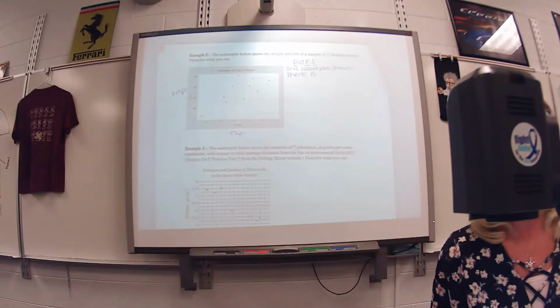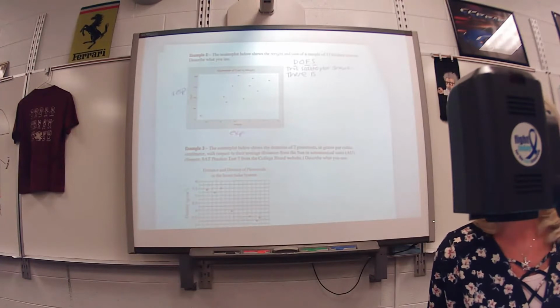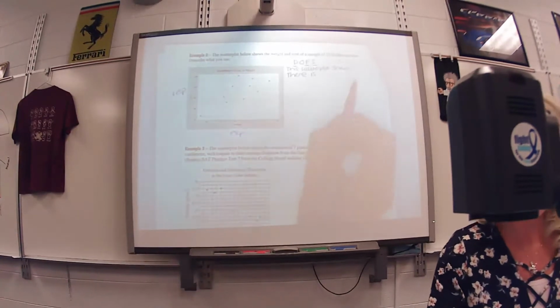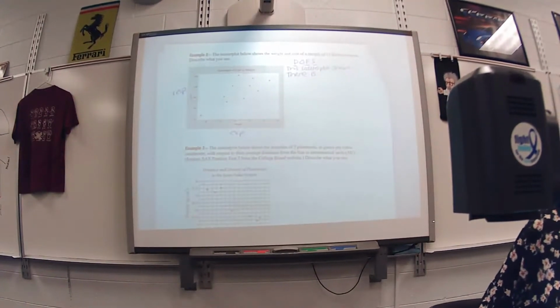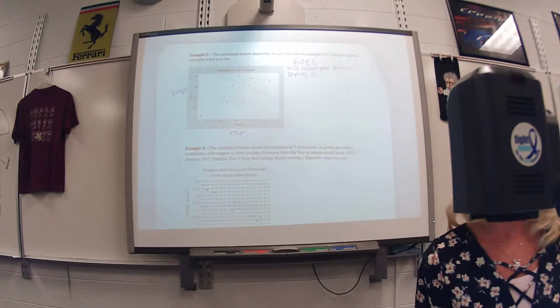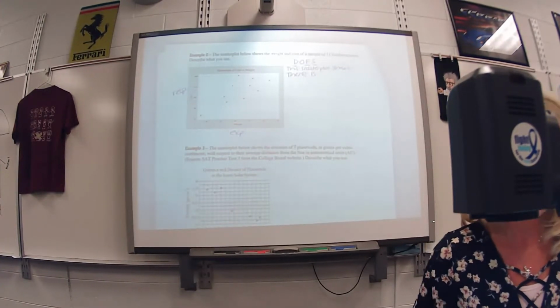So this scatter plot shows the relationship between cost and weight of 11 different kitchen mixers. You really should start by telling someone what the graph is showing you.